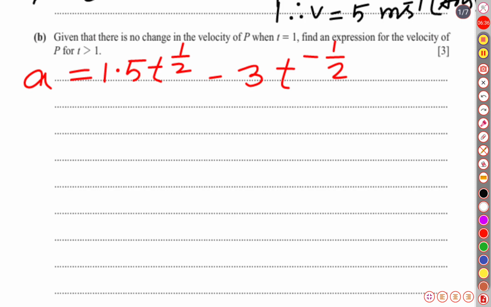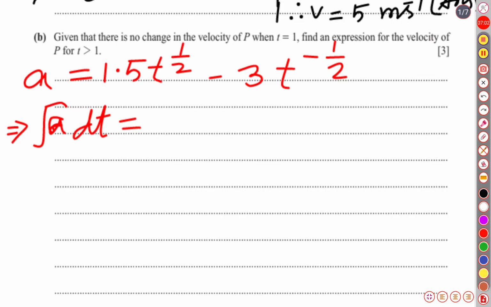Well, as we did in the previous case, we are to find the velocity. So for velocity, we'll integrate the acceleration. Let us integrate this acceleration. Integration of a with respect to t is equal to, let us do the integration.